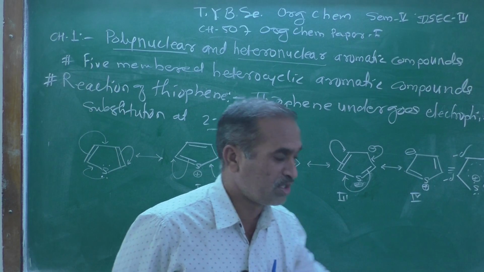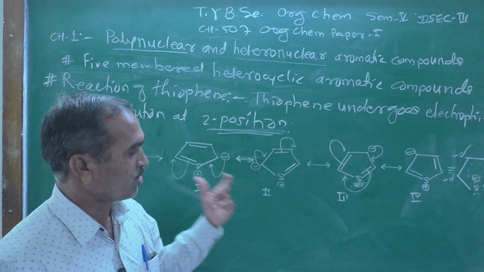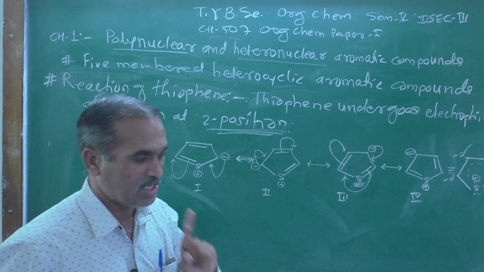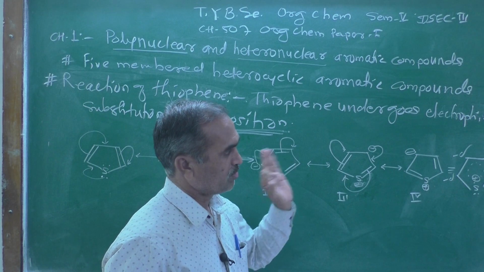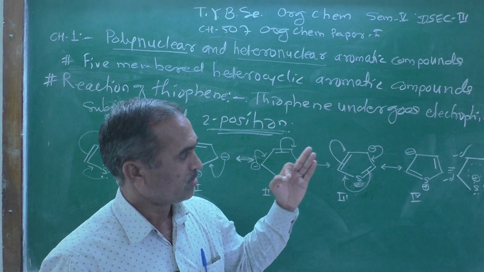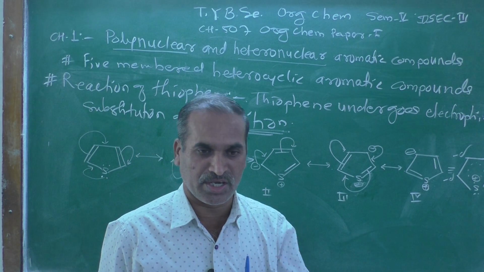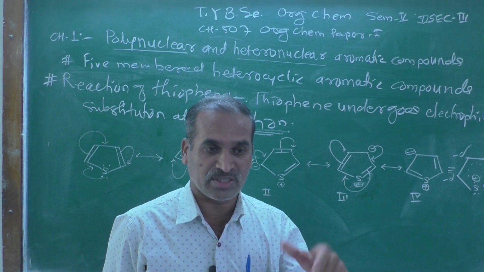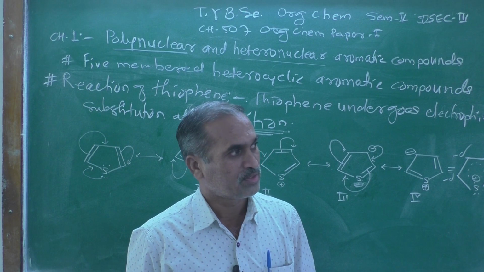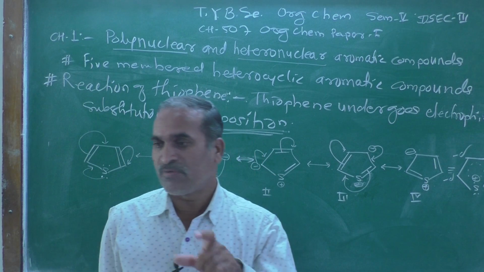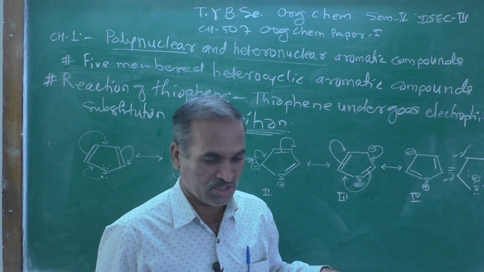But if you observe these structures carefully, there are 4 canonical structures. They clearly indicate that in the final structure, at 2, 5 and 3, 4, a negative charge develops on those corners. So there is a probability of the electrophile attacking at those positions.